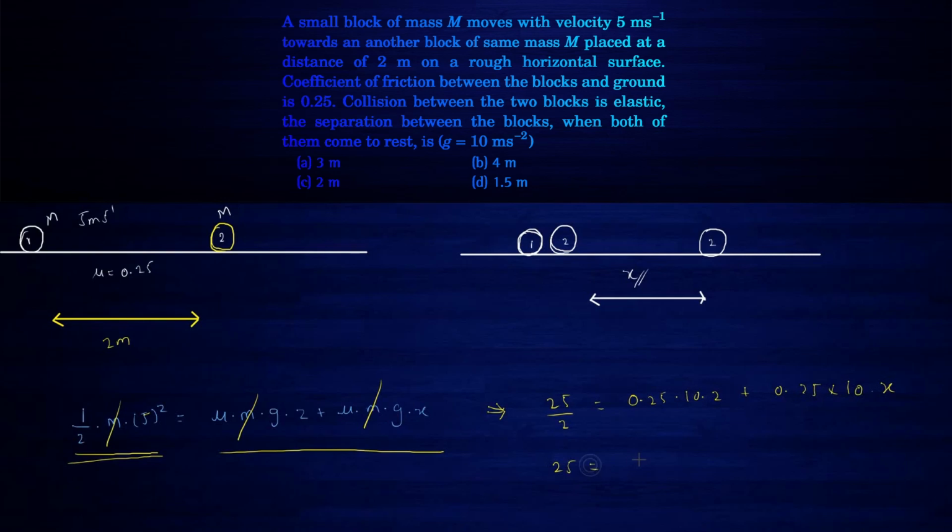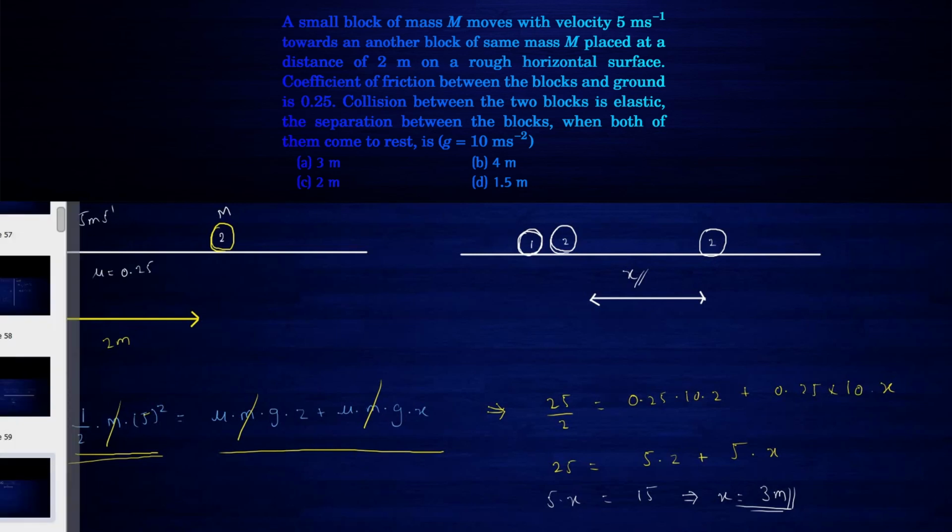So 25 equals 5 into 2 plus 5 into x, which means 5 x equals 15, implies x equals 3 meters. So the distance covered by body 2 is 3 meters.